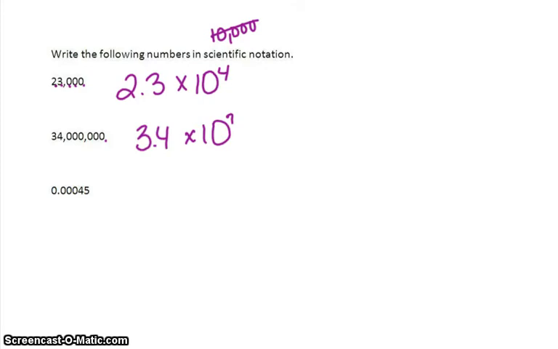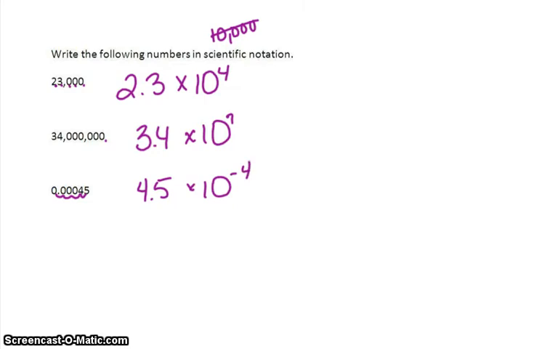We're still aiming for a number between 1 and 10. Well, that's way too small this time. So we're going to move the decimal point to make it 4.5, which is between 1 and 10. And we had to move it 4 times. 1, 2, 3, 4.